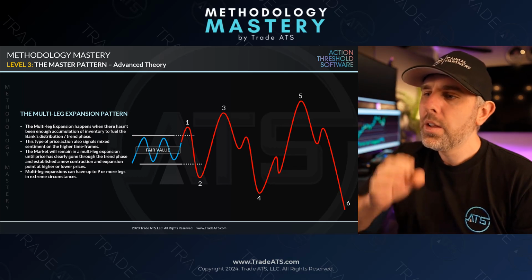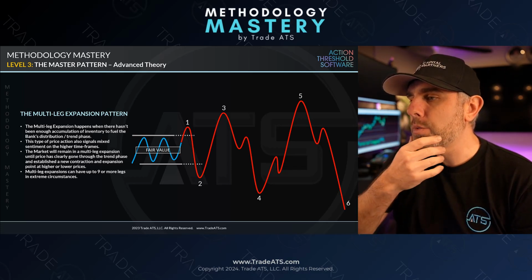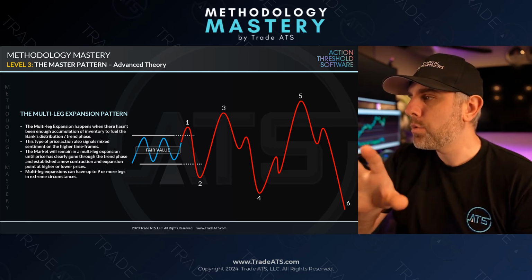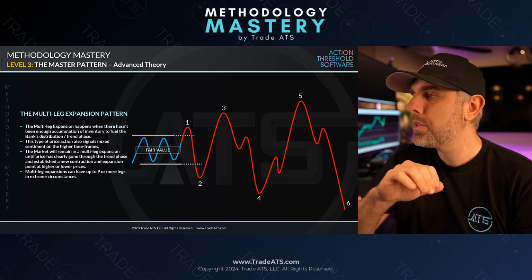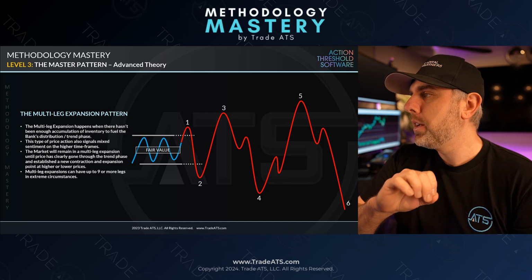But the reason that we look at this and we want to understand that we can't have these multiple legs is that, number 1, this is what destroys traders. This right here, if you get caught up trading this wrong and chasing these breakouts, you can lose a lot of money very quickly.